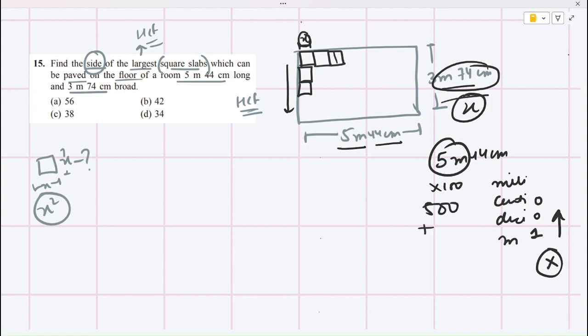So it will become 500 plus 44 which will give us 544 सेंटीमीटर. तो hence इस तरीके से हमने length निकाल ली, and same goes for the width.